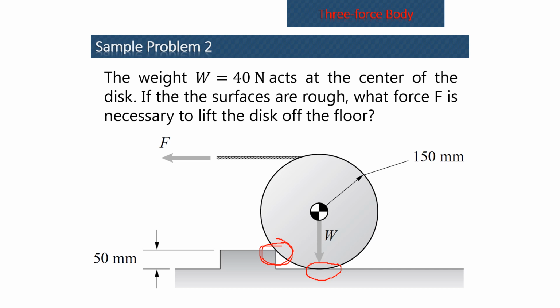So how would we draw the FBD of the disc? This is the disc, and this is the point here, where the indentation on the ground is in contact with the disc.